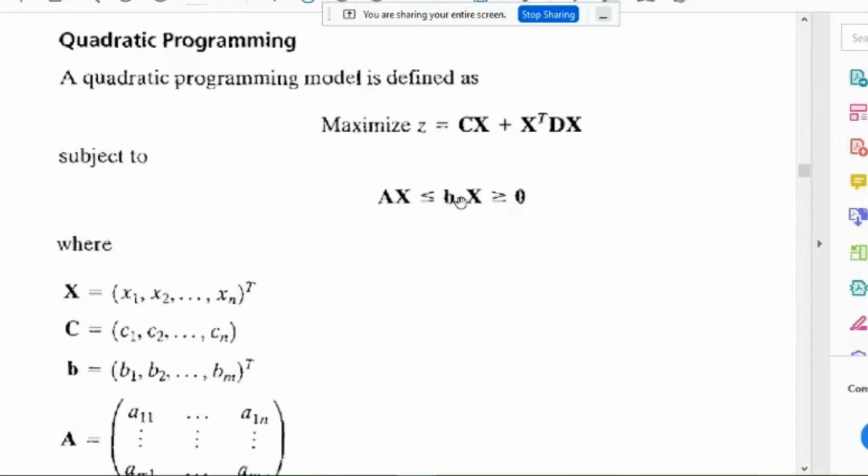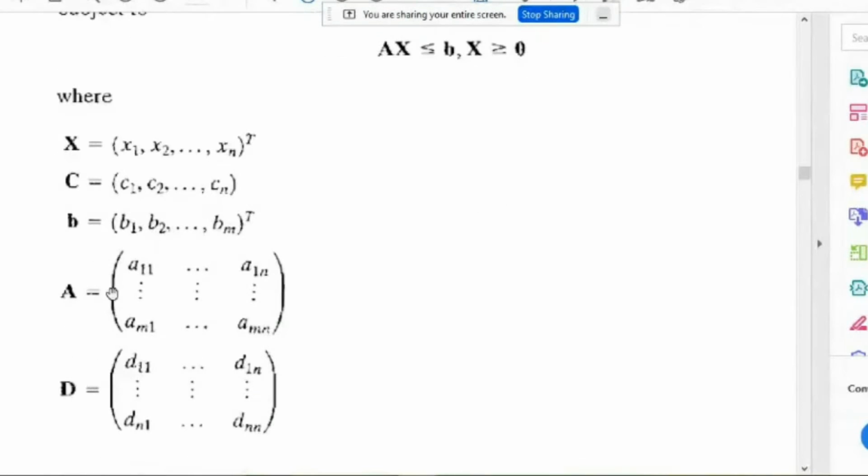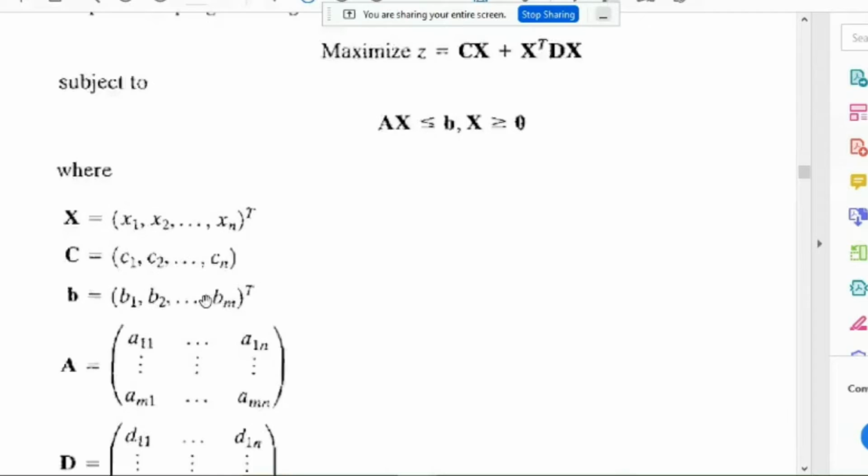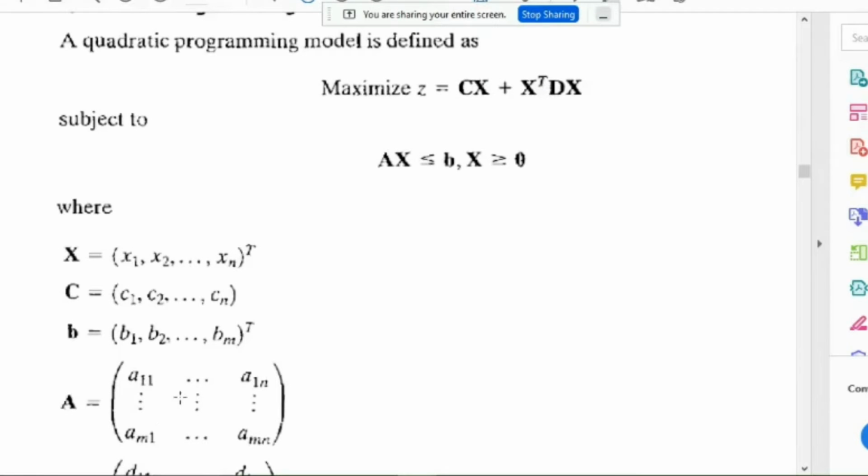If two constraints are there, b1, b2, and if m constraints are there, b1, b2, b3 and so on, up to m constraints. So b is a vector representing the right hand side constant values of the linear inequality constraints. Then again capital A is a matrix representing the left hand side coefficients of the variables of the linear inequality constraints.